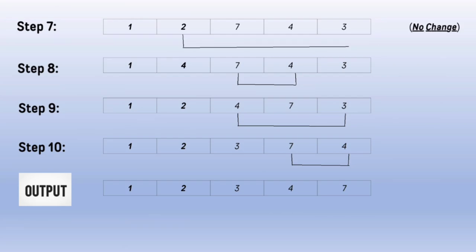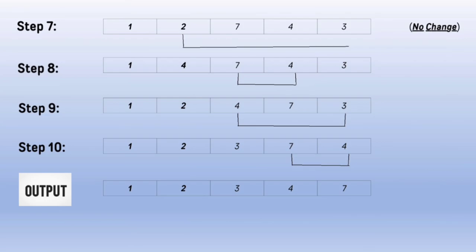From step number 8, we can observe that the third element of the array is compared to the rest of the elements of the array. So 7 is compared to 4, that is the fourth element of the array, and since 7 is greater than 4, their positions are interchanged. In step number 9, we compare the third element of the array to the fifth element of the array. Since 4 is greater than 3 again, their positions are interchanged.